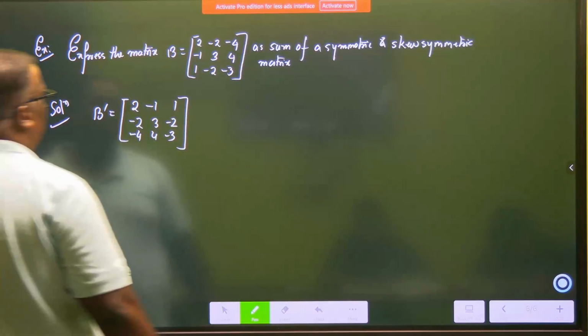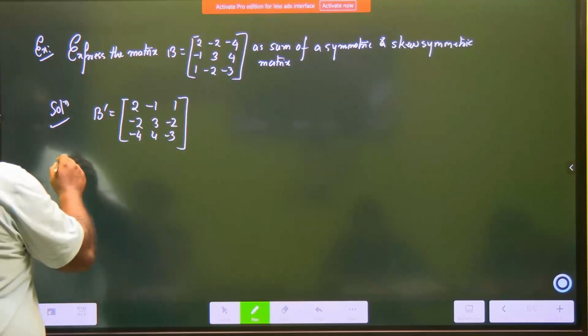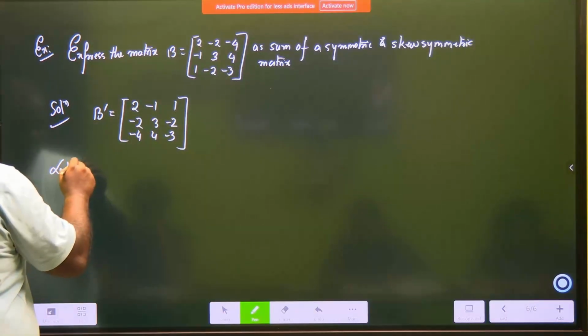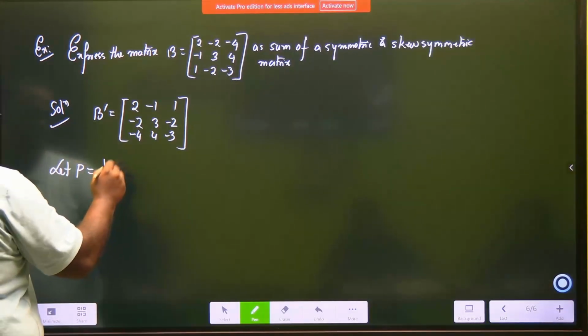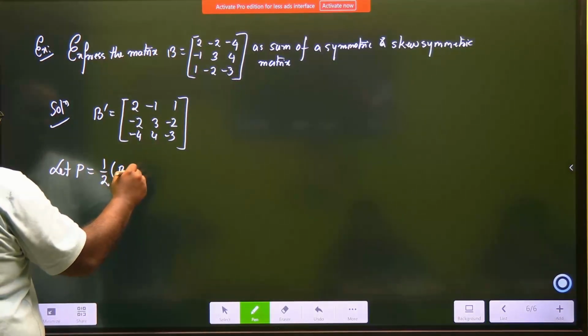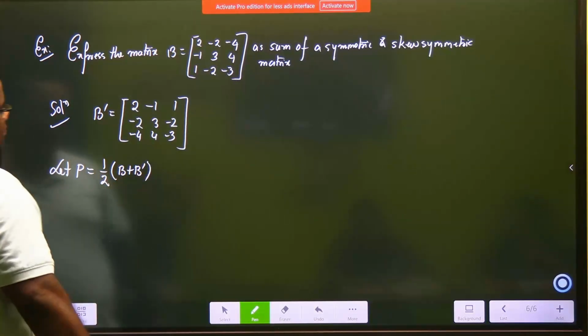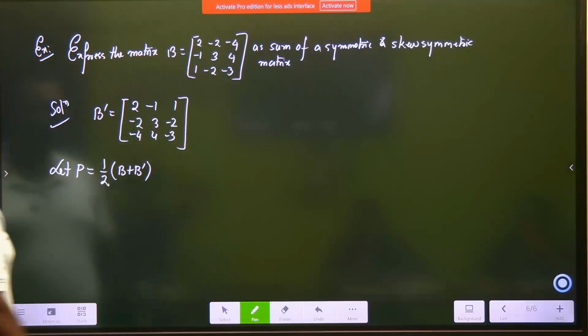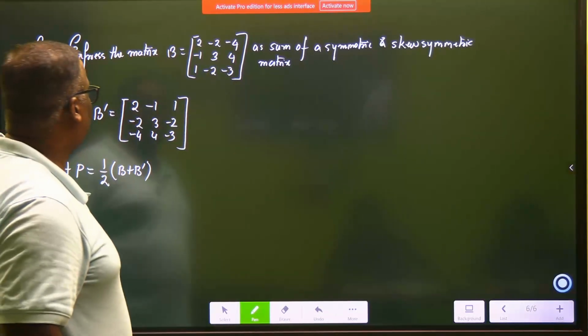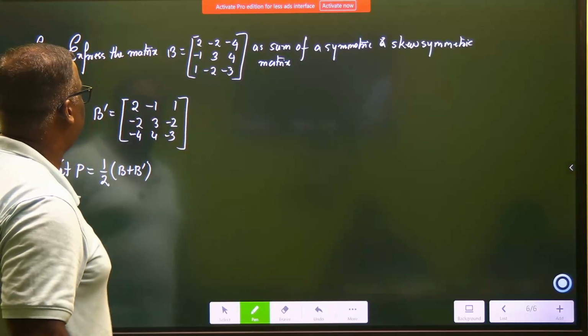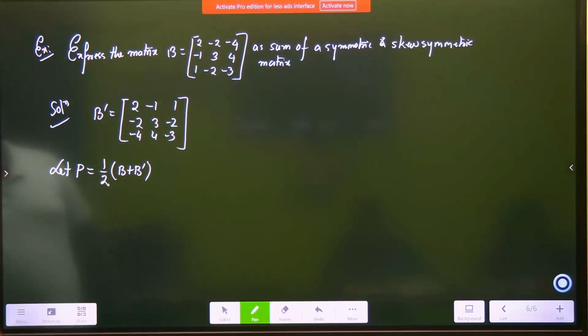And then we can have a square matrix. Let P be a square matrix, and this square matrix is represented as half of B plus B prime. Now what is B plus B prime? B plus B prime is a symmetric matrix, but you have to finally show that this matrix can be represented as symmetric plus skew symmetric.